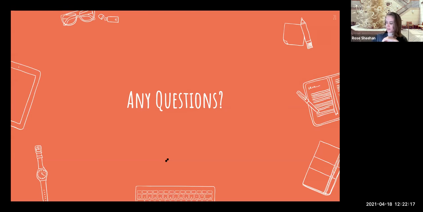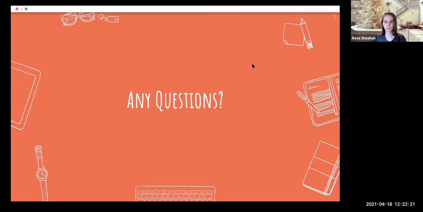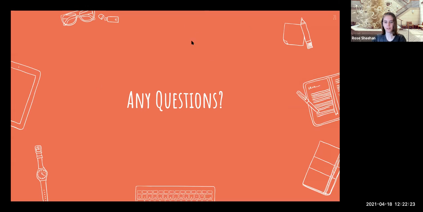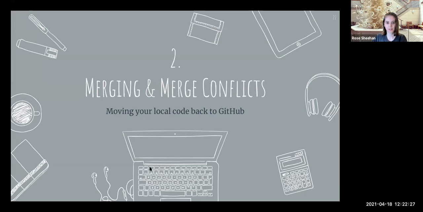Any other questions? I think we'll keep plowing ahead then. So our next section is about merging and merge conflicts. Up to now, we've been thinking about working on your own branch or your own fork, in isolation from other people who are contributing to the project.